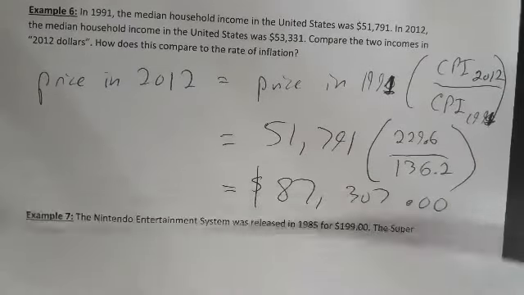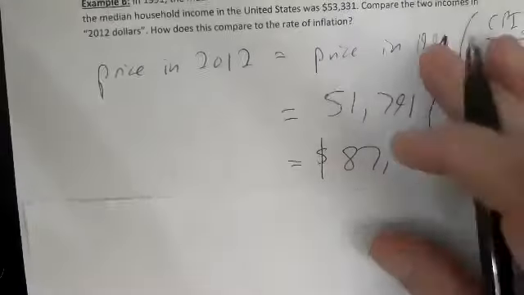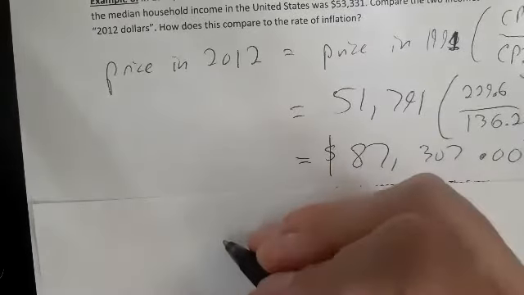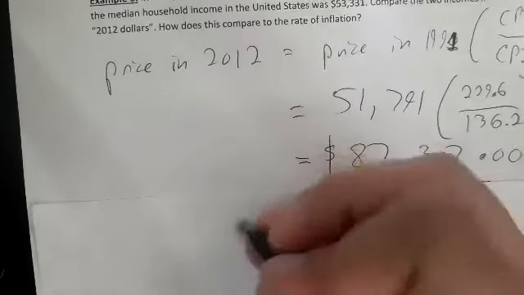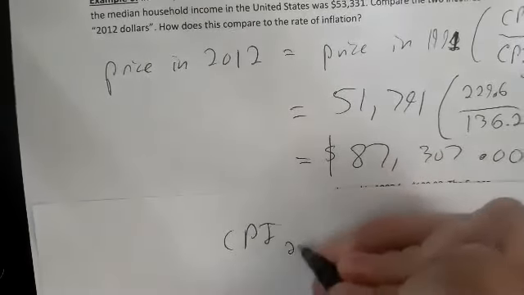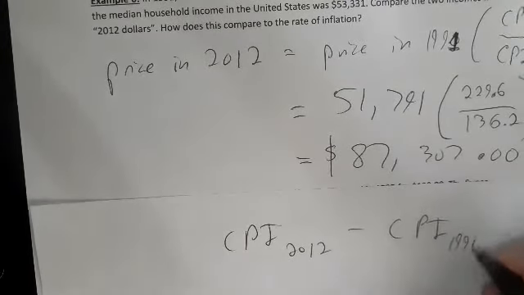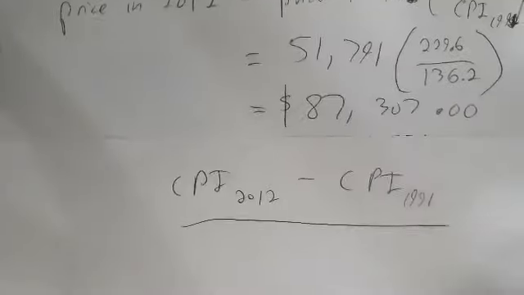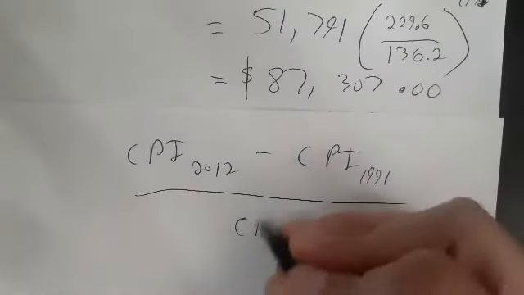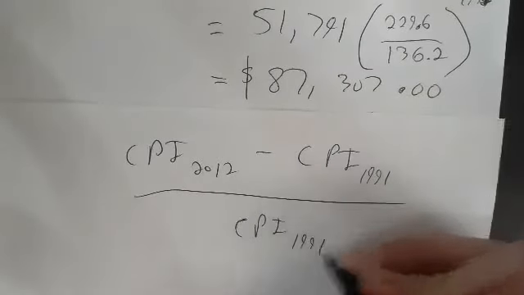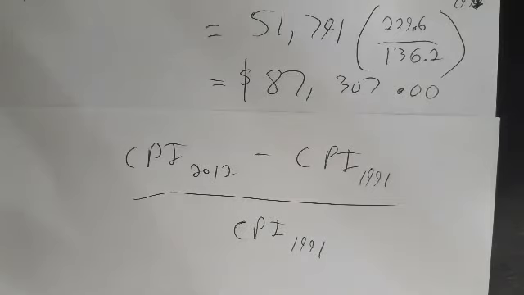So if we look at inflation, doing the inflation is we do the relative difference of the CPI. So we're going to do the CPI of 2012. Let me write it out right quick. 2012, we're going to subtract from that the CPI of 1991, and we're going to divide by the CPI that we started with, which would be the CPI of 1991. So that would be how we compute the relative difference of those two things, or the general formula.